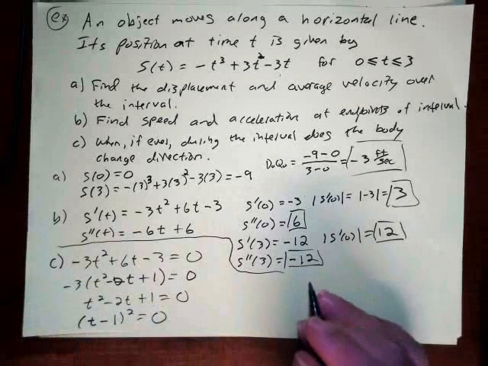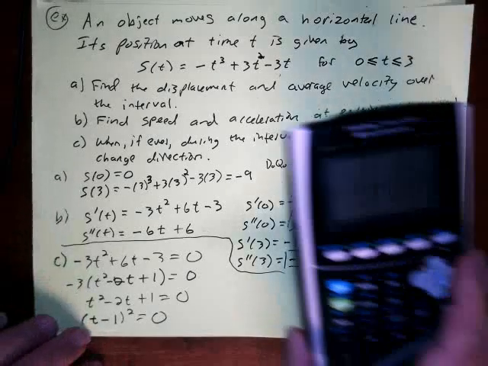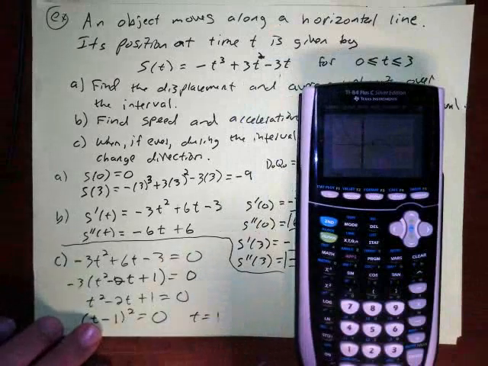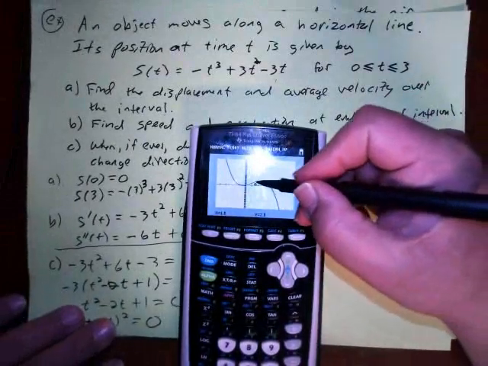What is up with that? I didn't want that to occur, because this derivative is going to be 0 only at t equals 1, and that's not when this is equal to 0.